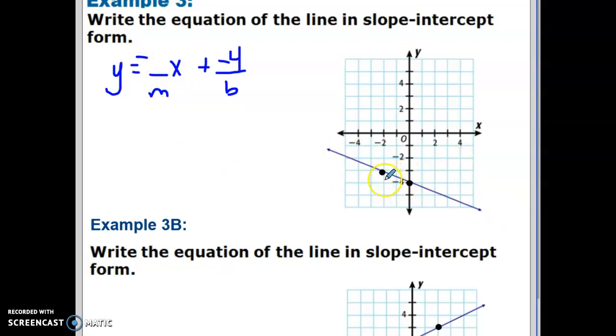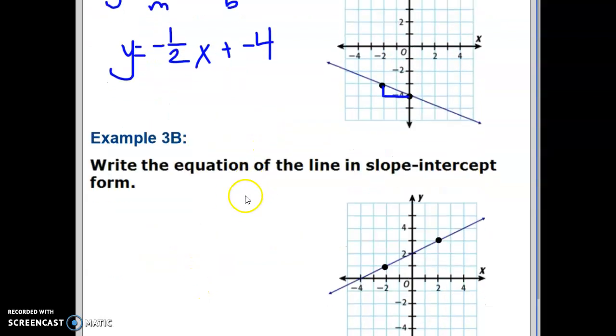It's negative, and I'm falling 1 place and running 2. So it's negative 1 over 2. So my equation is y equals negative 1 over 2, or negative 1/2 x, plus negative 4. That's my equation. Okay.